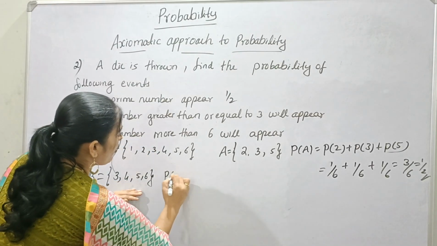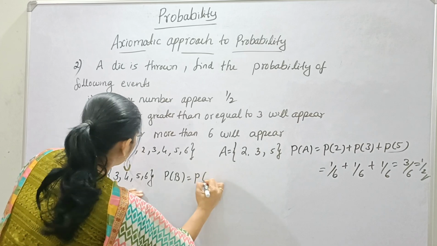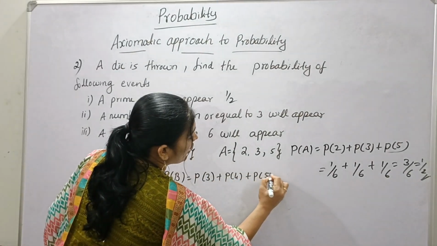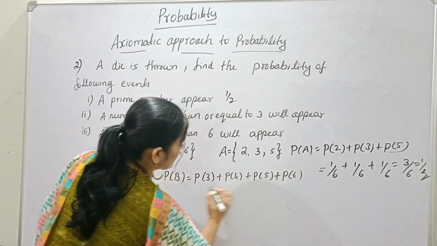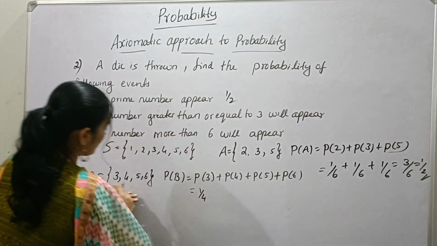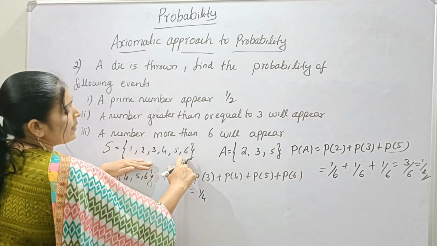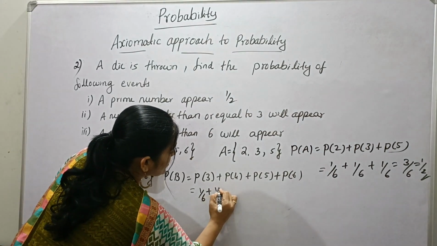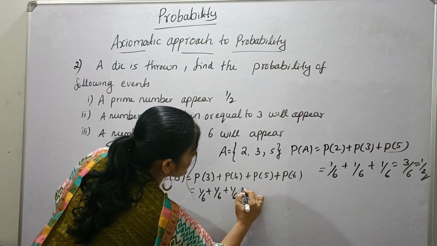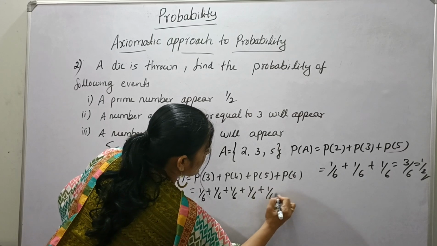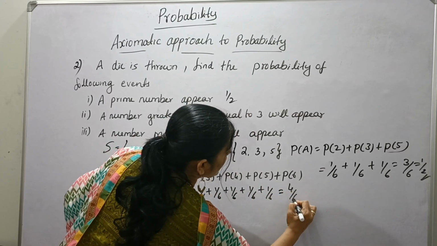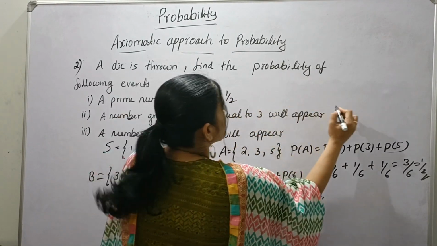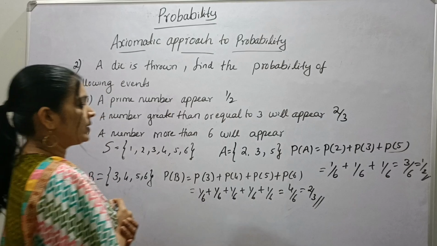So the probability of B is the probability of 3 plus 4 plus 5 plus 6, each being 1 by 6 out of 6 elements. That is 4 by 6, that is 2 by 3. So its probability is 2 by 3.